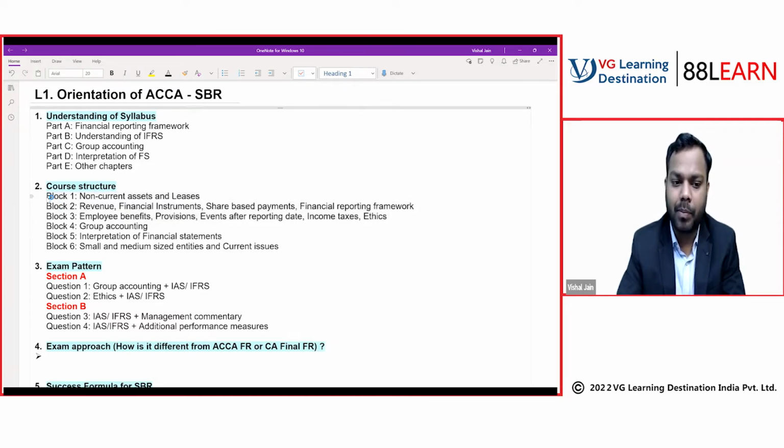After completion of block 5, a test of 1 to 5, and similarly for block 6 as well. So in total, we'll take somewhere in the range of 8 to 9 tests. 5 tests will be chapter-wise tests, and the remaining 3 tests, a bare minimum of 3, will be full-fledged tests.